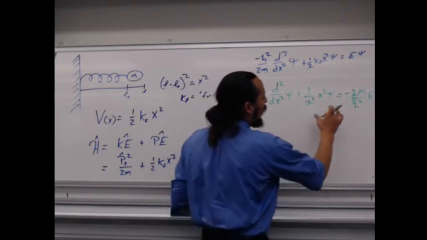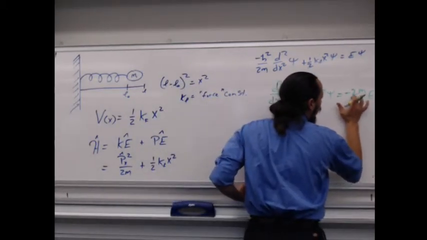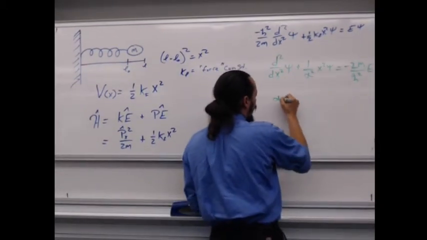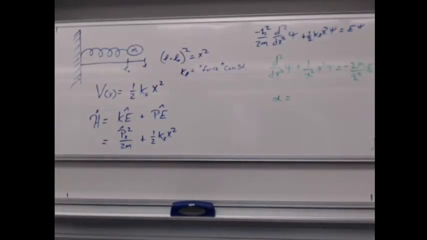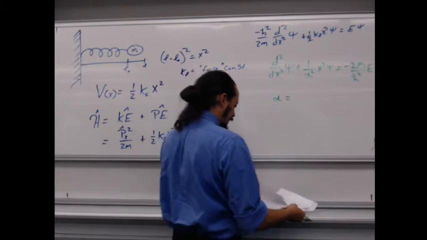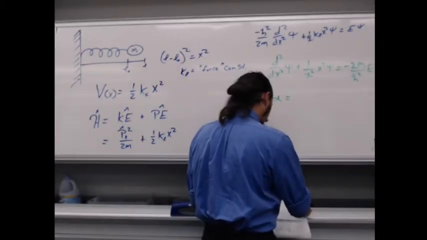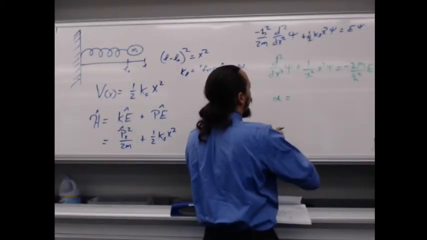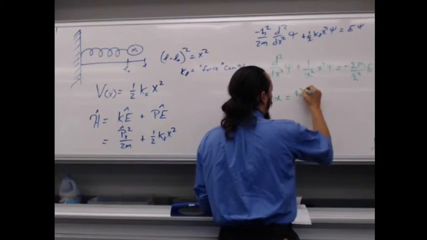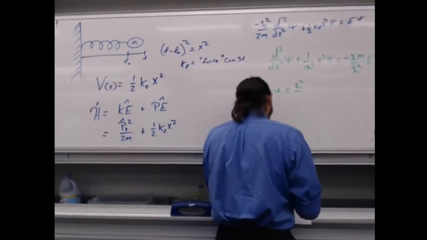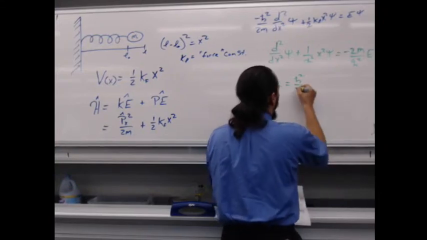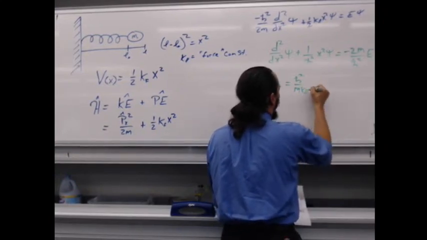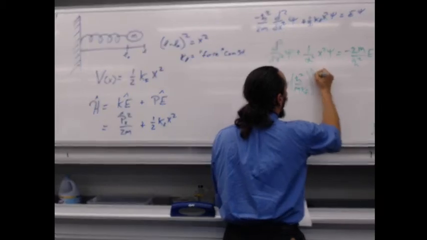To set up the problem this way, they define alpha as h bar squared divided by m k_f, that force constant, all to the 1/4.